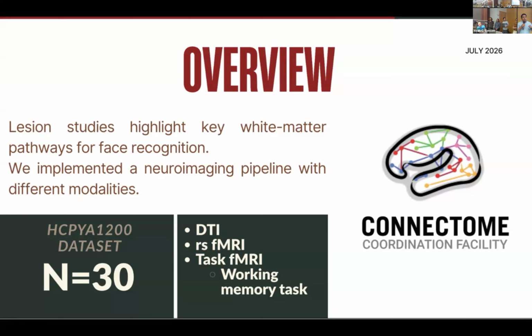Therefore, the Human Connectome Project, the HCP data, could be used to track those same connections between face areas to see if they correlate with face recognition abilities in the general population. We built a pipeline to do that with 30 subjects, expecting to scale it up to the 1,200. That didn't happen, not for all the data.